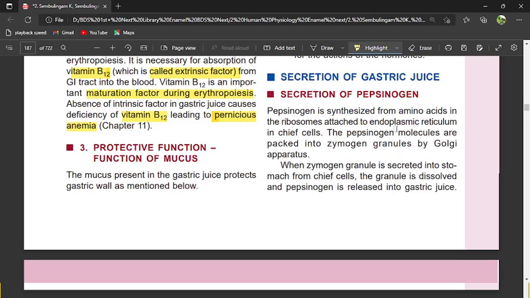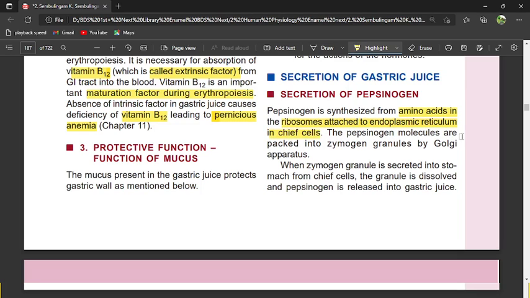Next, secretion of the gastric juice. It has the secretion of pepsinogen. Pepsinogen is synthesized from amino acids in the ribosomes and is attached to the endoplasmic reticulum. What is pepsinogen? It is for protein digestion, right? Where is it synthesized? It comes from amino acids in the ribosomes, released from the endoplasmic reticulum, in the chief cells of the digestive system.